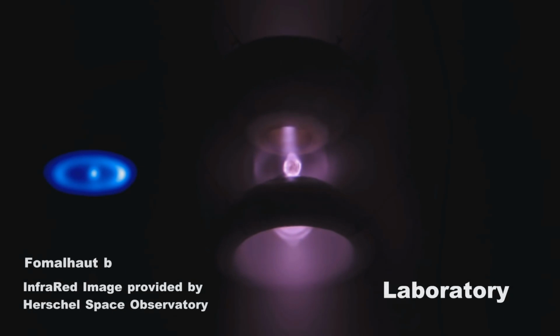There are also rings observed in space, and here you can see how these rings can be formed between two bowl-shaped magnetic fields.